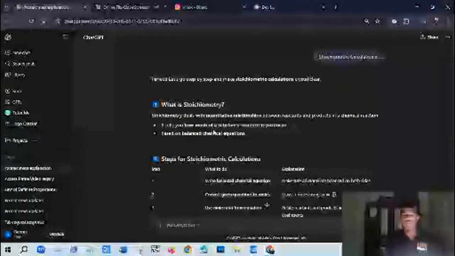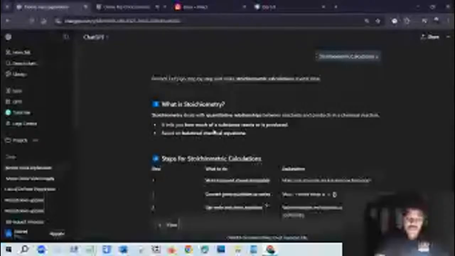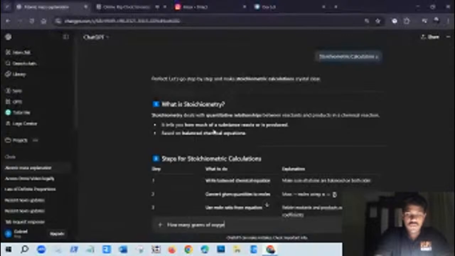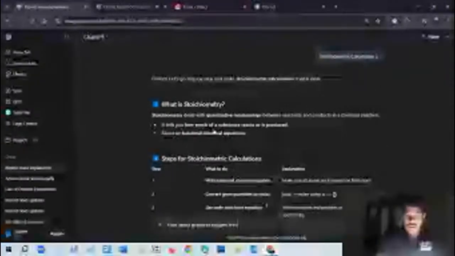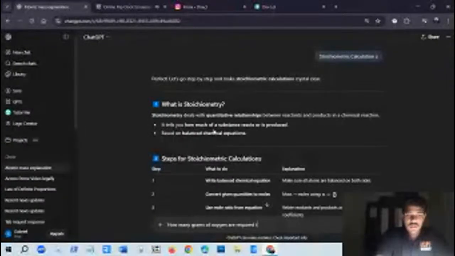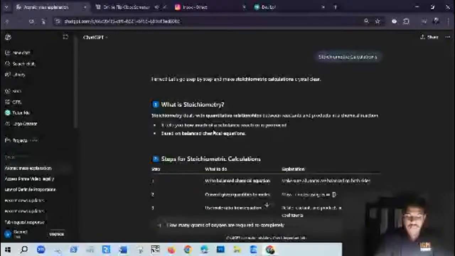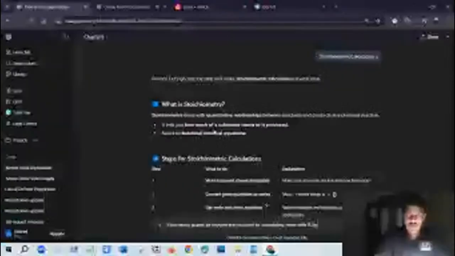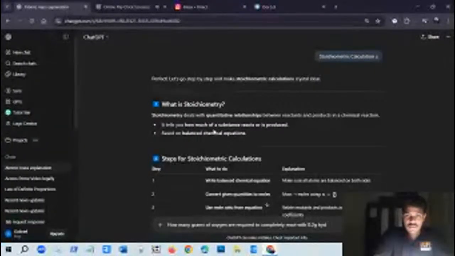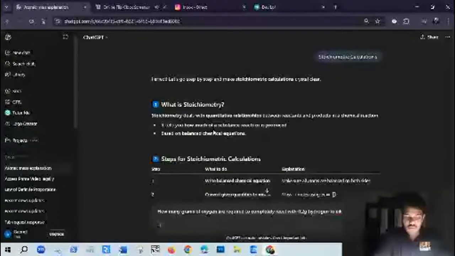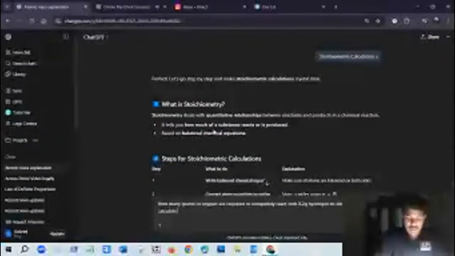Okay, so oxygen is required to completely react with 0.2 hydrogen to yield the amount.